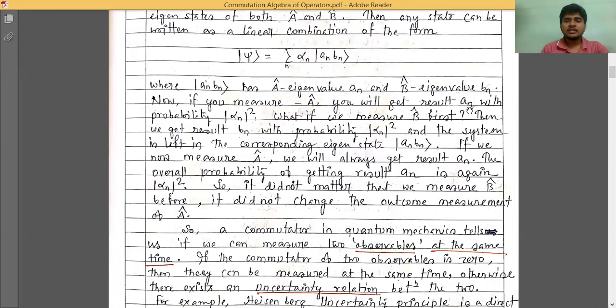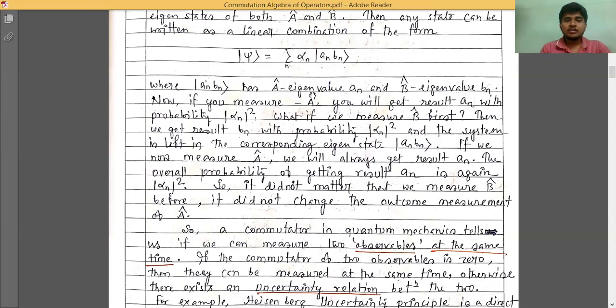You will get a result An with the probability alpha n squared, as we have already discussed how the probability comes from the wave functions. So you can easily say that the probability is alpha n squared. Now what if we measure B first? Here comes the problem. If we measure B first, then we will get Bn with the probability alpha n squared.